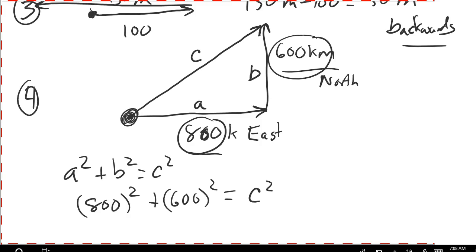So let's do this with our calculator, and we actually get 640,000 plus 360,000 equals c squared.